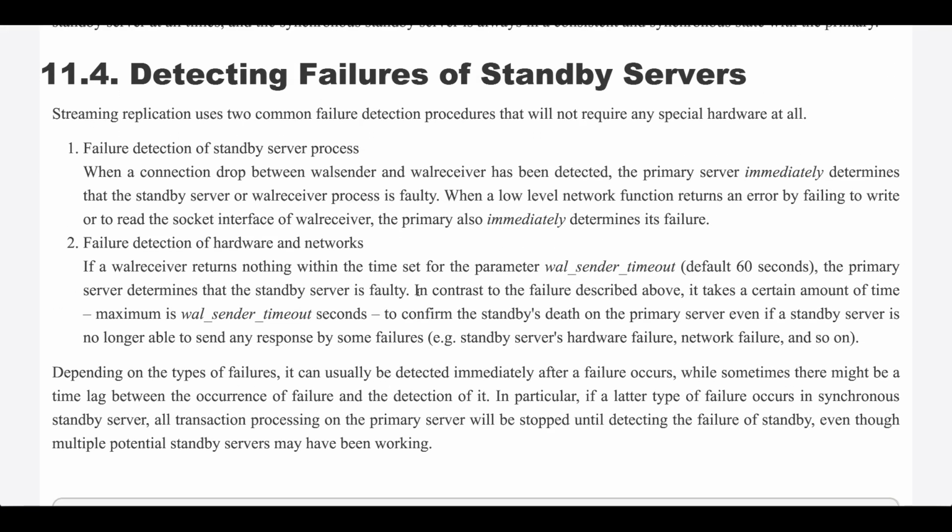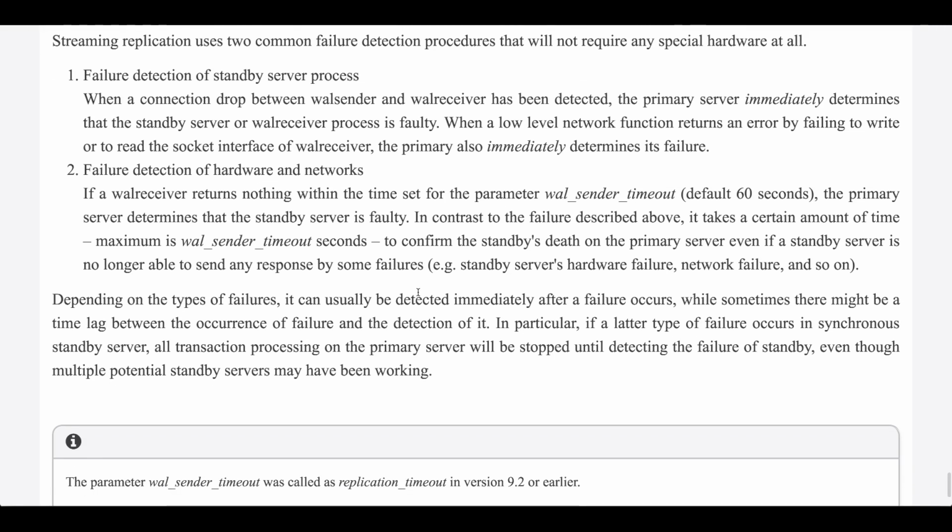11.4 Detecting failures of standby servers. Streaming replication uses two common failure detection procedures that will not require any special hardware at all. 1. Failure detection of standby server process.